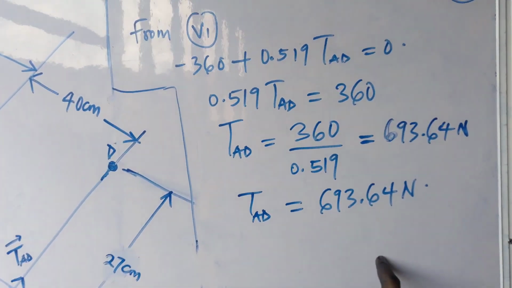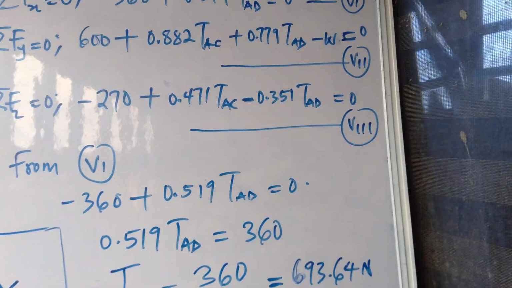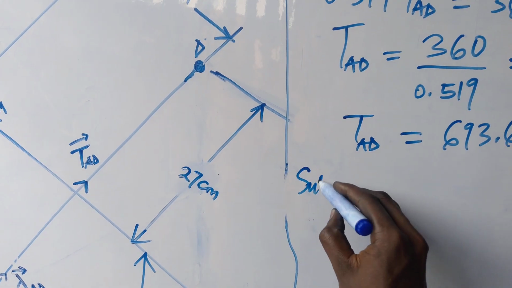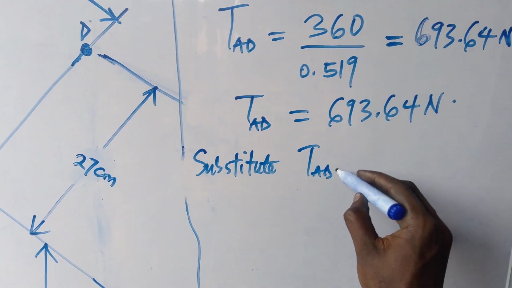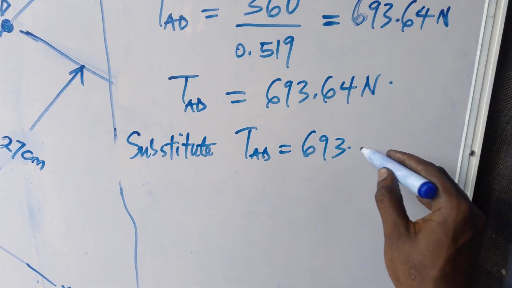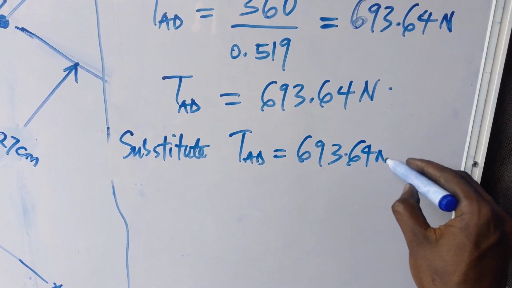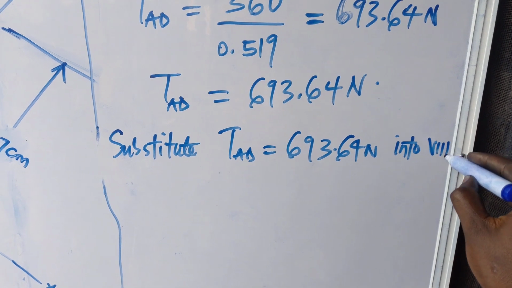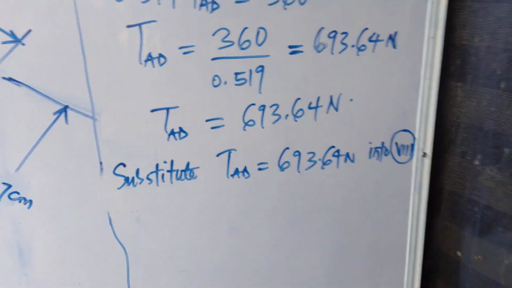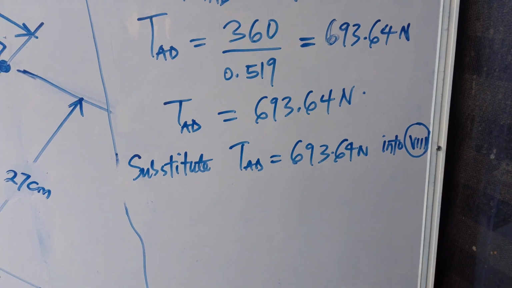I'll then substitute TAD equals 693.64 Newton into equation 8.